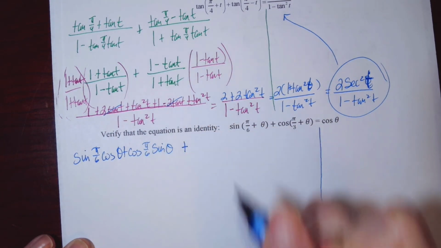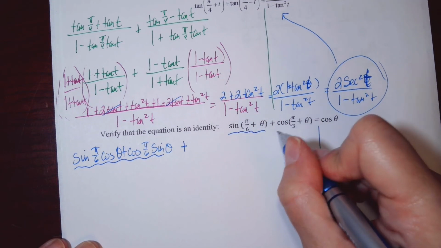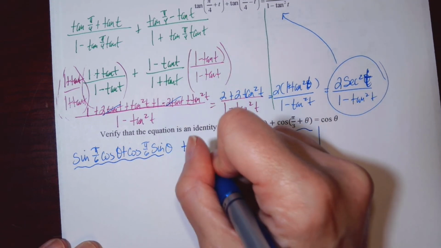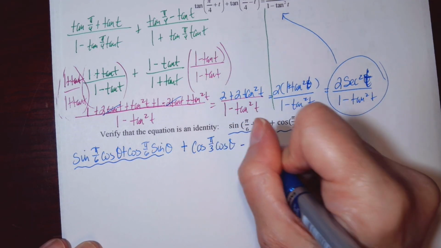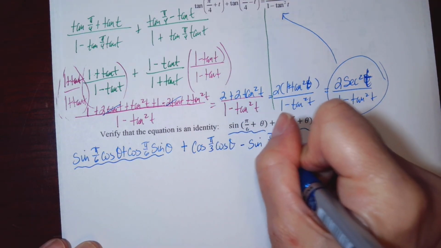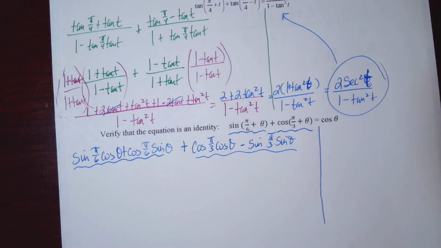And then I'm going to add to that, so that's my sine sum identity. Then I've got cosine sum. That's that second identity. And then I'm going to plug in the things that I know.